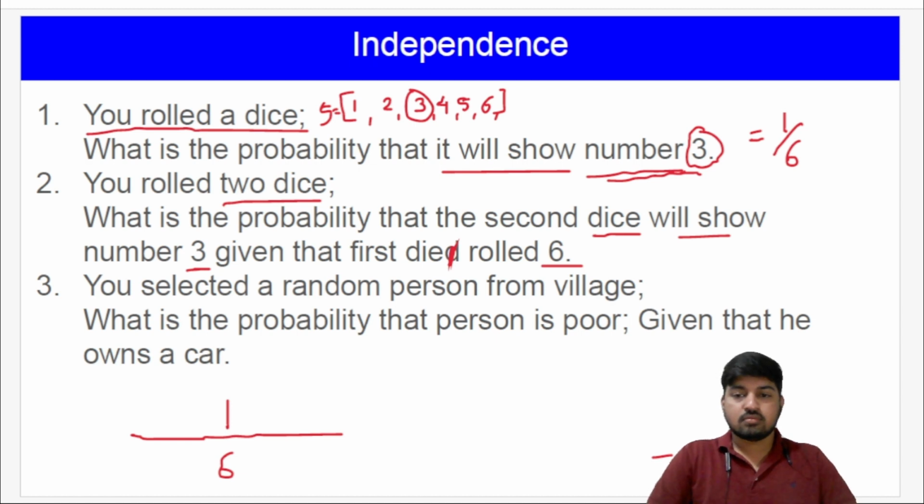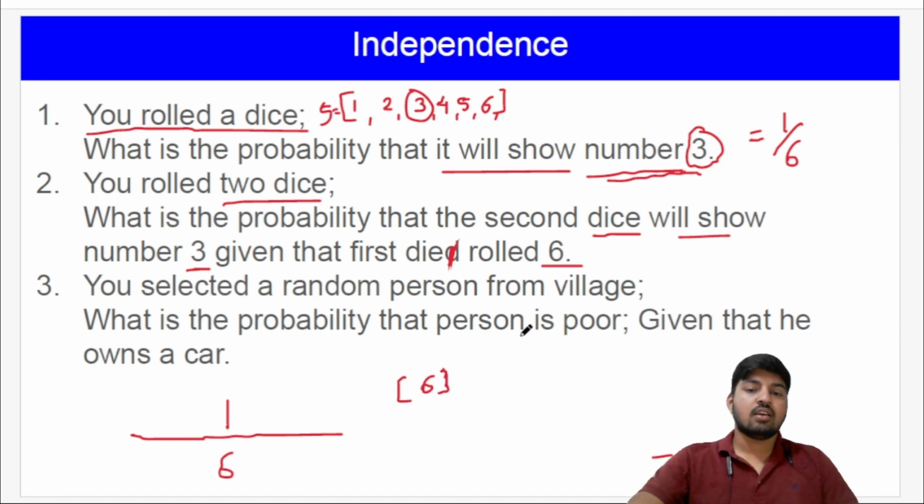Okay, so Amit is saying 1 by 3. But Amit, are you clear about the question? I'm asking about the 2 dice. The first dice has already rolled 6. Now I'm rolling the second dice.